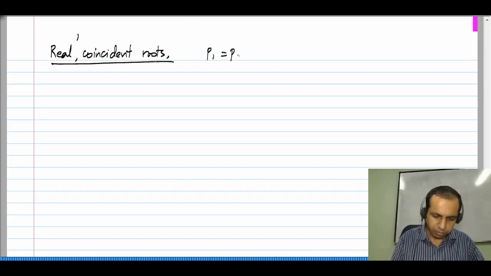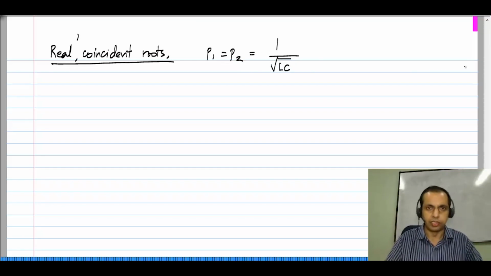In this case, P1 will be equal to P2 and each of them will be equal to 1 over square root LC.